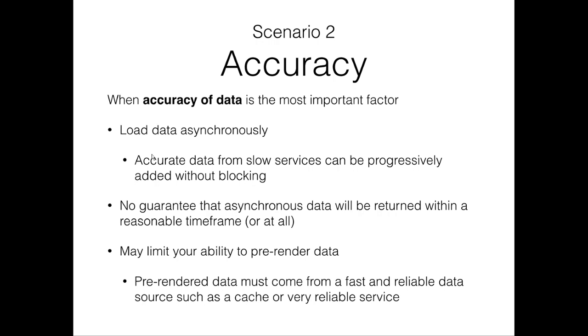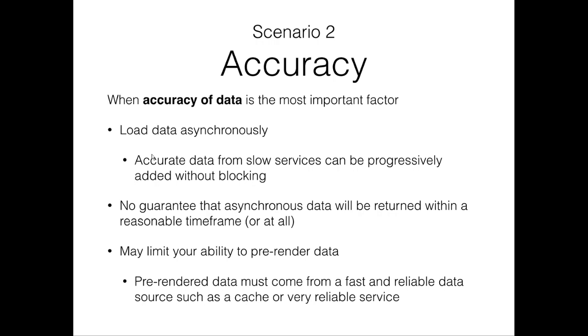You may just decide that the accuracy is more important than it showing up at all. The real issue with loading in real time like this, and especially progressively enhancing a page, is that there's absolutely no guarantee that asynchronous data is going to be returned within a reasonable time frame, or ever. So I'll get into a few techniques to guard against that.